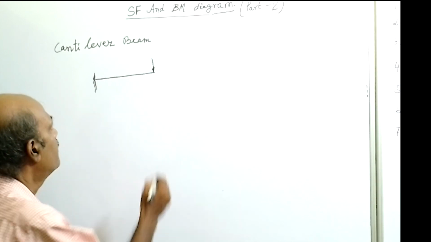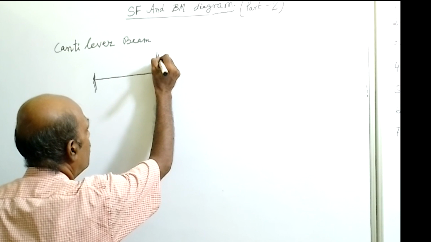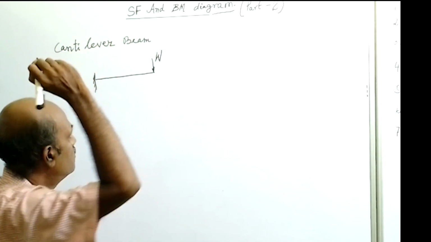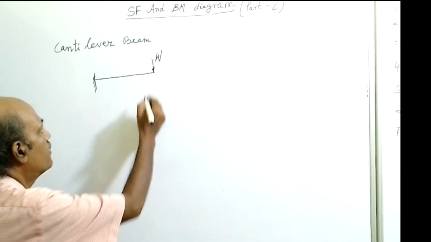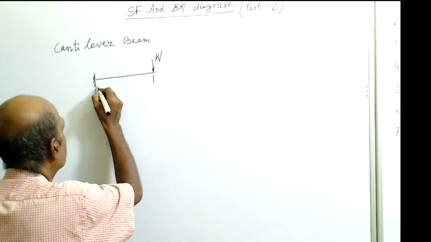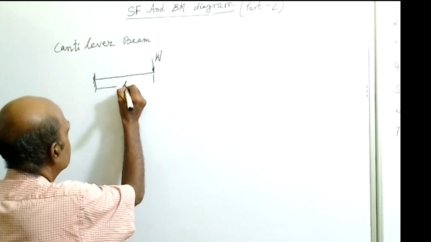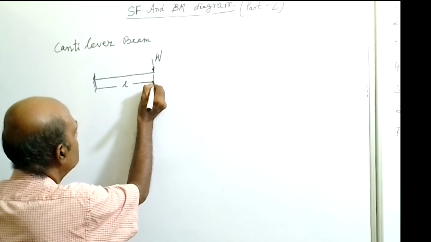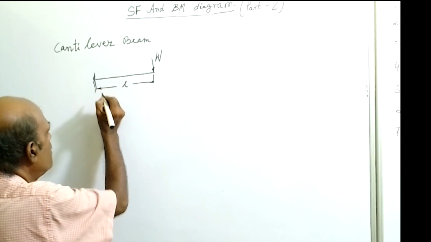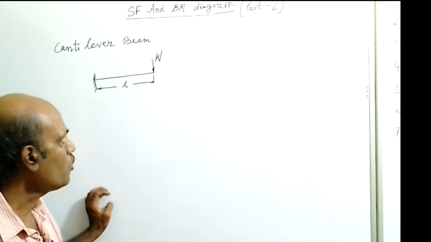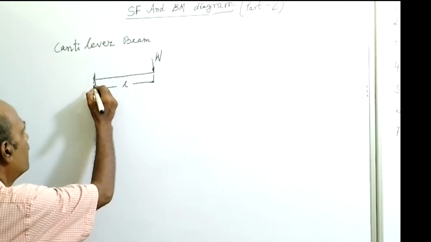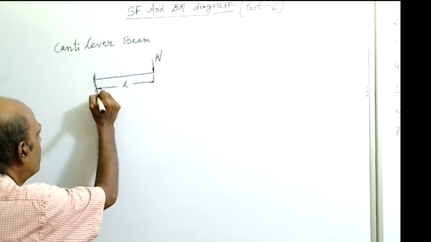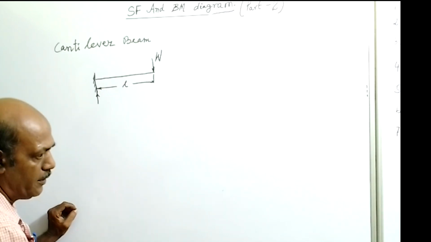Let a load capital W be loaded at the free end, and let the length of the beam be L. As soon as the load W is applied at the free end, a reaction will develop at the fixed end.